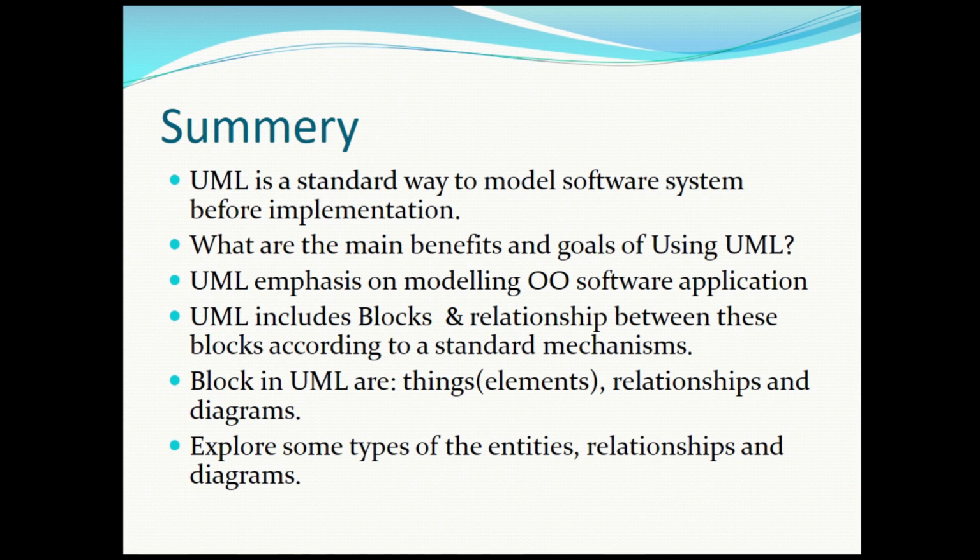And we discussed three things that we need to understand in UML, and we explained three blocks in UML. So we have the entities, or the blocks, the relationships between these blocks, and this relationship should be according to a common and standard mechanism. And the blocks are things or elements, relationships, and diagrams, the last one.